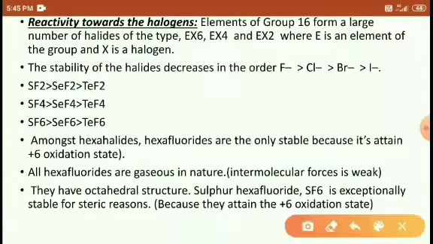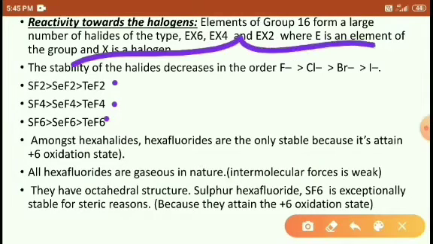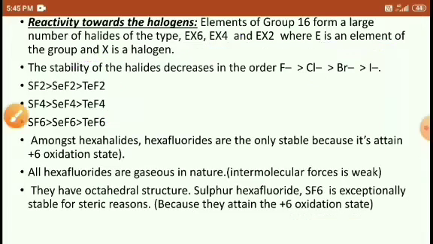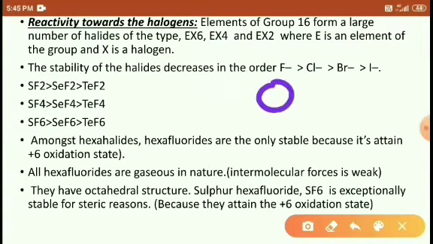Right students? Look here, dihalides, tetrahalides and hexahalides. The stability of the halides decreases: fluoride is more stable than chloride, chloride more stable than bromide, bromide more stable than iodide. Why does the stability decrease? Because of the increasing size.